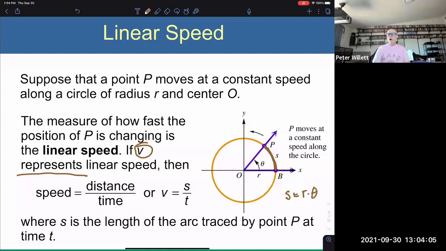So that's how far the car has driven or the person has run around the track. And you divide that by the amount of time it took them to do that, and that's how you get this linear speed. Here's our little formula: linear speed is arc length divided by time, basically.